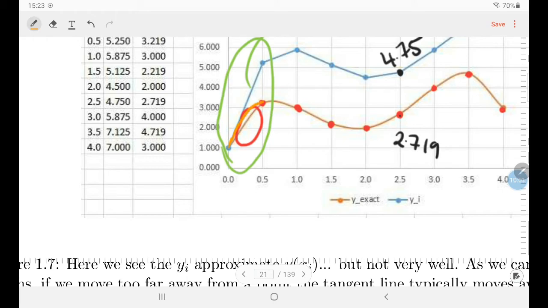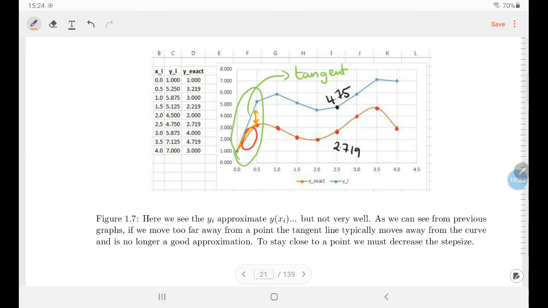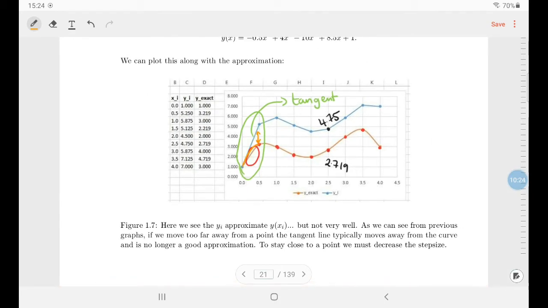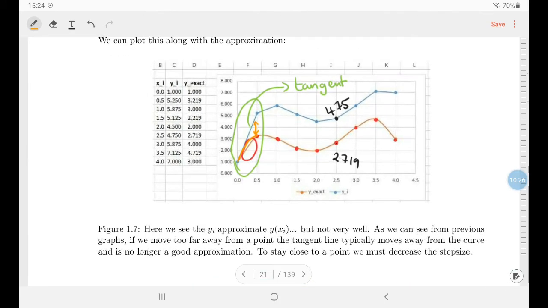So the point is anyway that if you're very, very close to zero, the tangent, which is the blue line, and the orange, which is the curve, they will be close together. But as you move away from the point, the approximation is not guaranteed to be good forever. And so you're getting these big errors here, this big difference between these. And to be honest, that's where most of the error comes in. And we'll come back to that point a little bit later, and we'll start to understand where the errors actually come from.